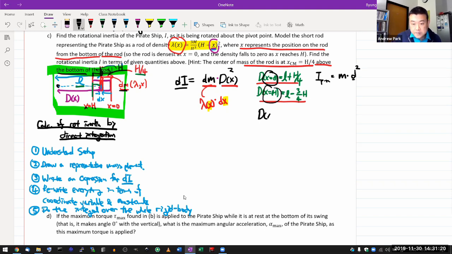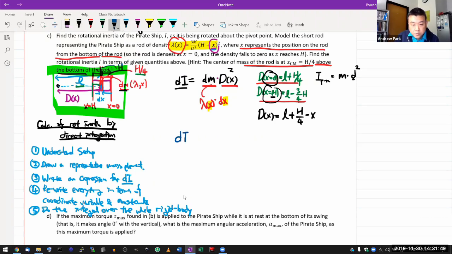D of x is equal to this maximum value, L plus h over 4, minus x. And you can double check that by plugging in x equals h, and looking at how the d varies as x varies. Once you are confident with that, you're ready to write down an expression that you can integrate.